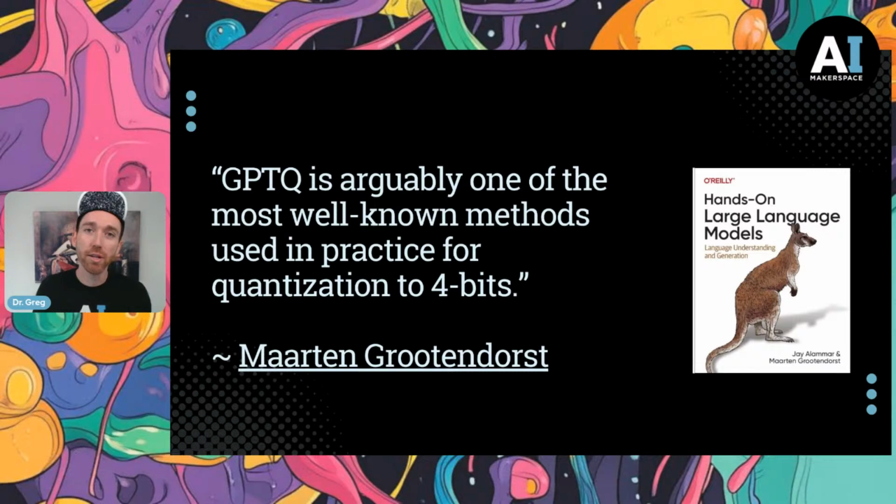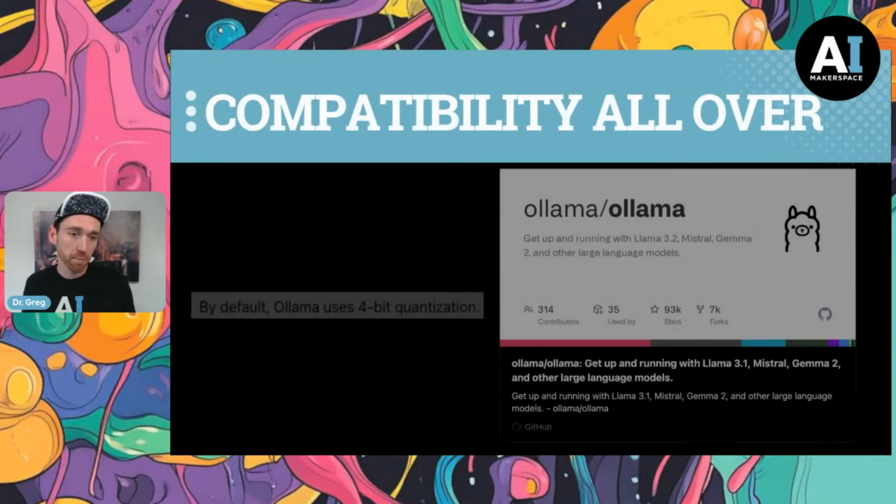GPTQ is quite well known. Great naming scheme, but it's well known for quantizing down very low, to this 4-bit level, not necessarily the 8-bit level that we saw in the Dettmers paper. We've since quantized down a lot more, but this is where it started. And today you're going to find compatibility for GPTQ all over the place.